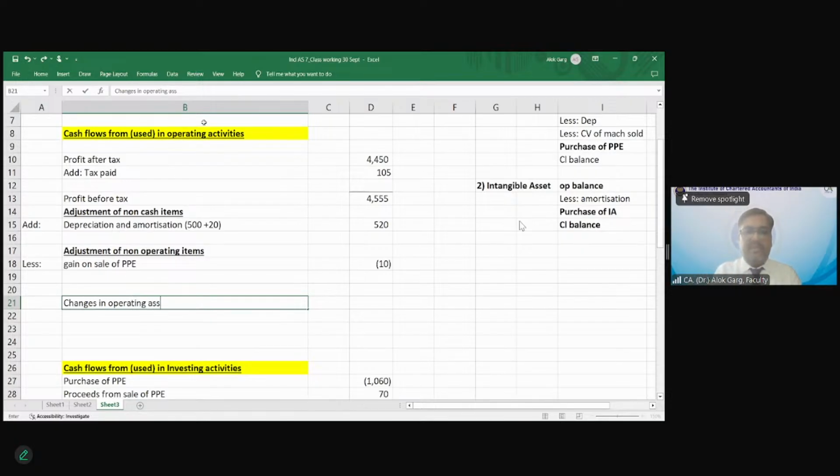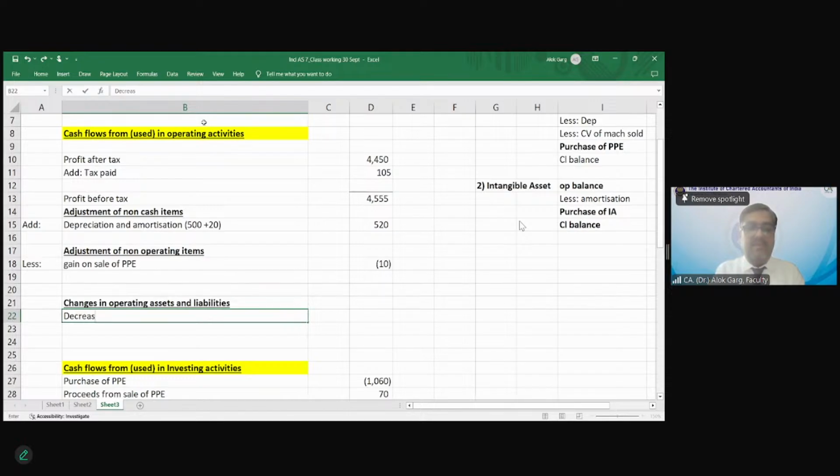Changes in operating assets and liabilities. What is my changes in operating assets and liabilities? So the third item is my other financial assets. Whether other financial assets has increased or decreased? Decreased.